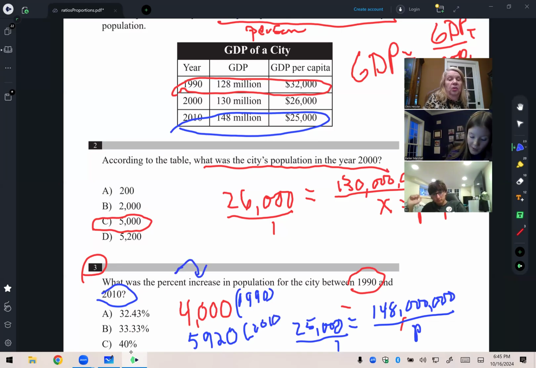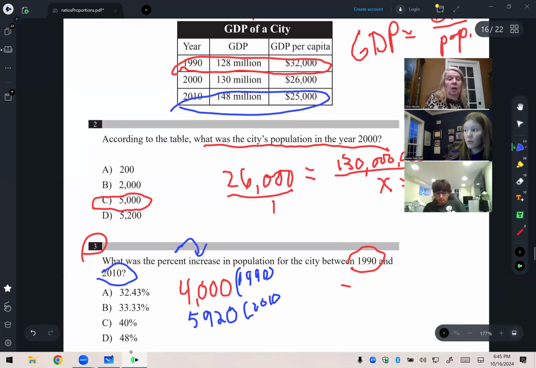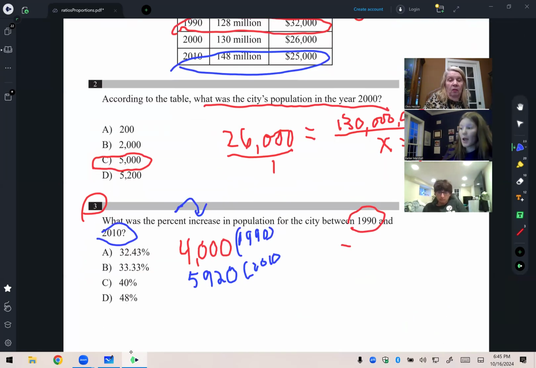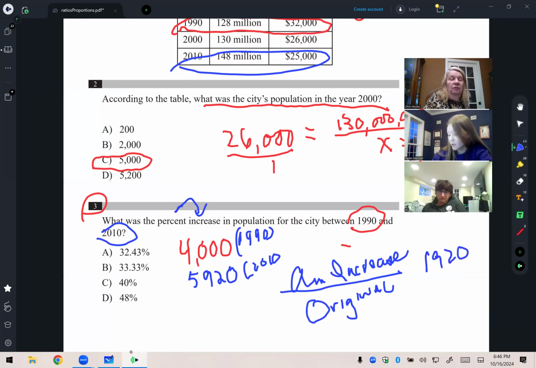Now I want the percent increase. So I'm going to do the amount of the increase. Remember, it's always over the original. So we can see it's 5920 minus 4,000.